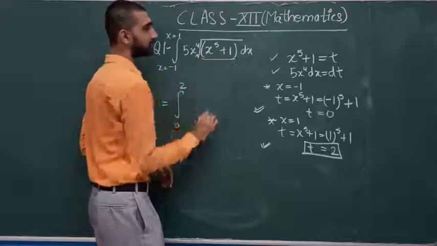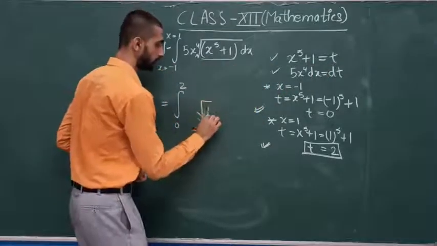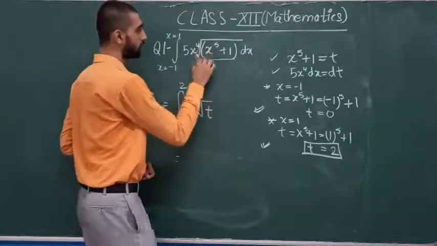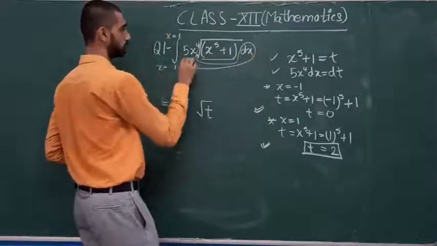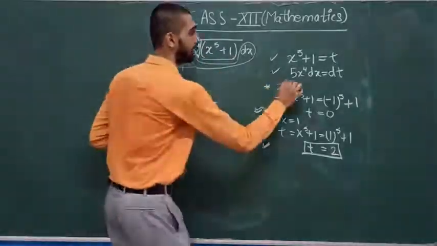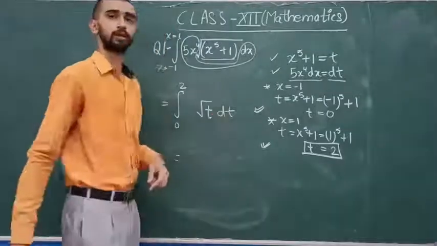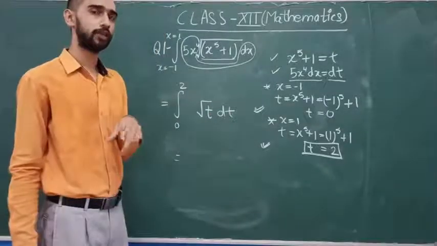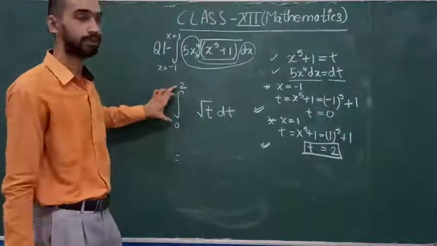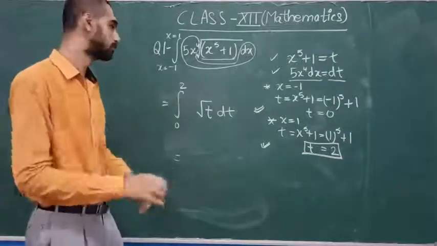For this place, I will write the value t, it will give me root t. And for 5x to the power 4 dx, I will have dt. So this is my definite integral. Here you will see the change that I am changing also the limits, upper limit and lower limit.